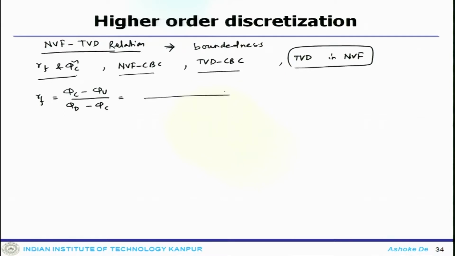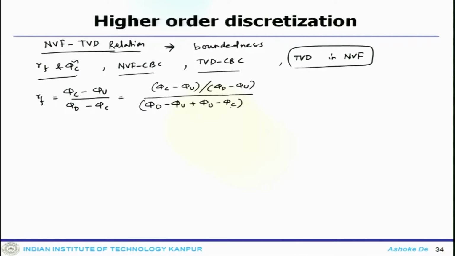Now, one can write that as (phi c minus phi u) divided by (phi d minus phi u), and in the denominator you can have phi d minus phi u plus phi u minus phi c.